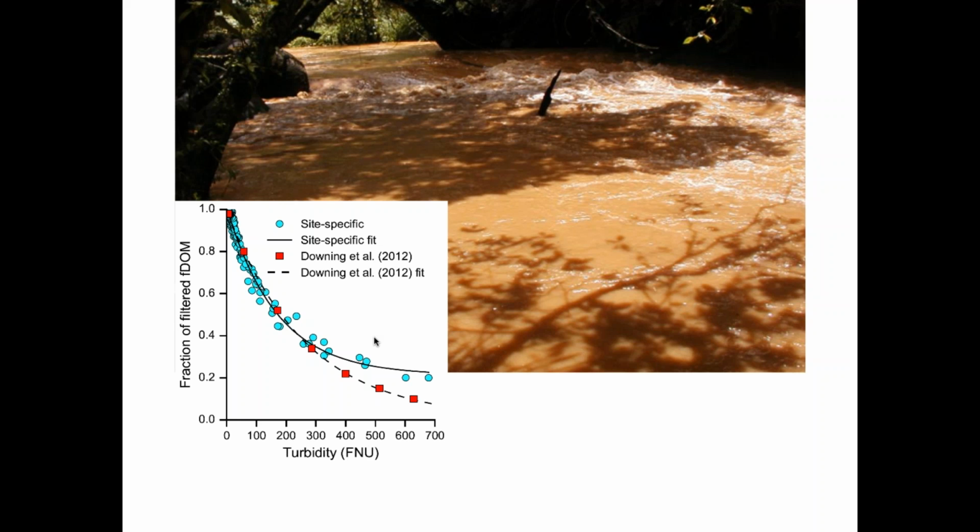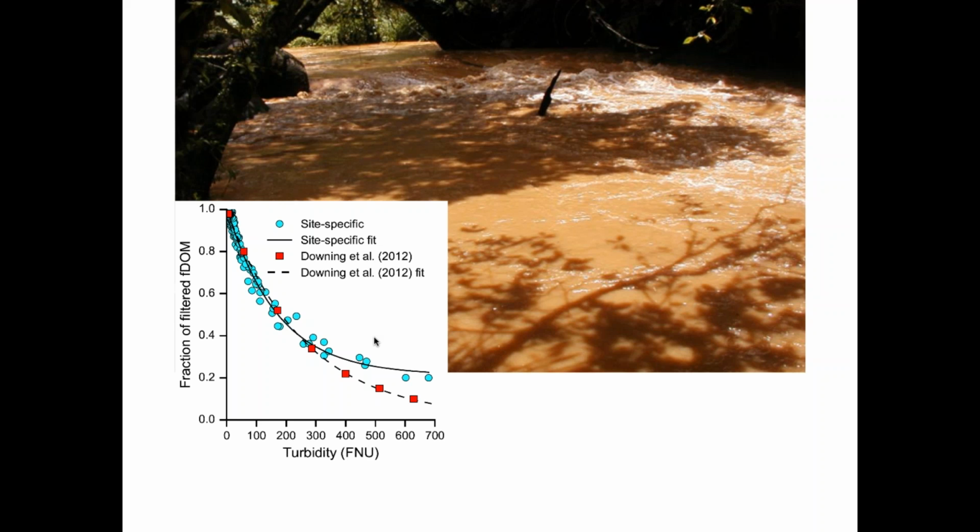And you see that after you get above a turbidity of about 300, our data diverged from the Downing correction. So in other words, if we applied the Downing correction to our data, we would be overestimating the FDOM because it would be overcorrecting.